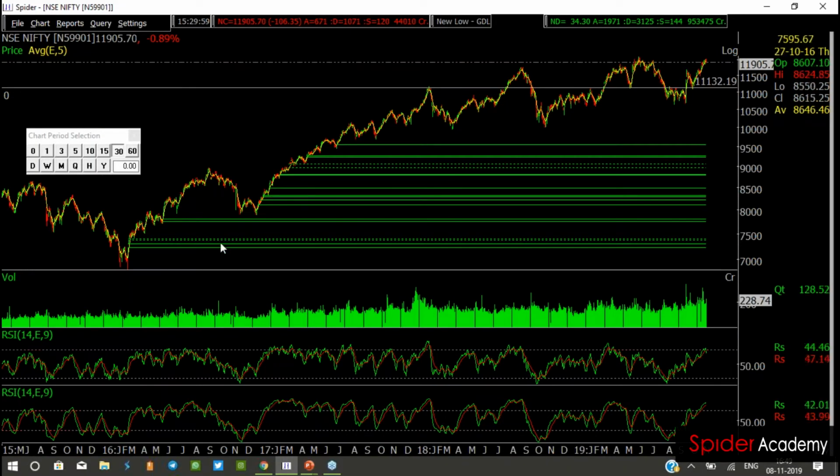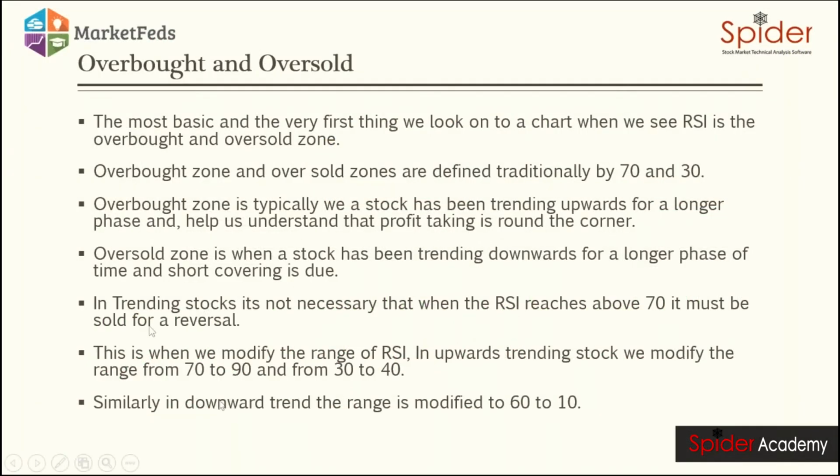Every time the RSI has given a crossover from the bottom and moved up, we see profit taking happening. So this is typically your overbought zone and this is your oversold zone. And your oversold zone is when a stock has been trending downwards for a longer phase of time and short covering is due.